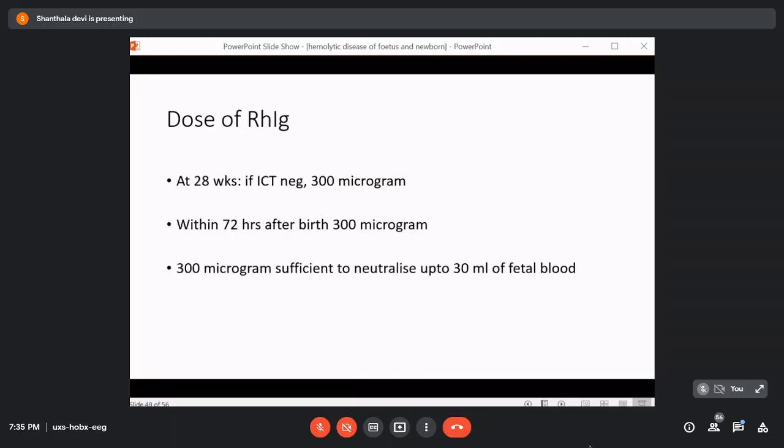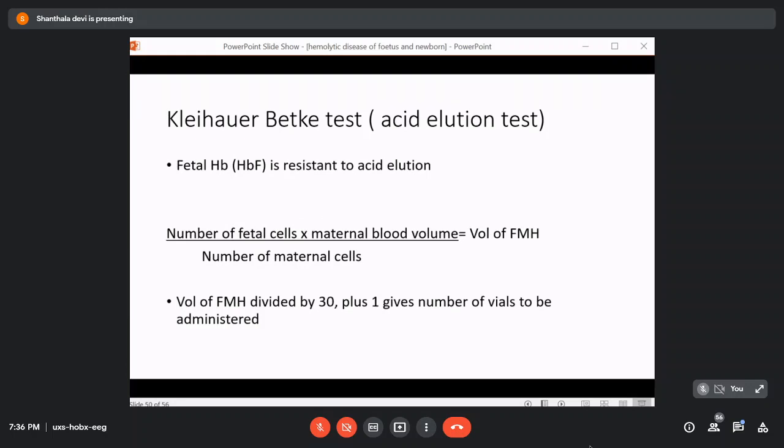So the dose of Rh immunoglobulin to be given is around 300 micrograms. It is enough to neutralize up to 30 ml of fetal blood loss. How do we do this acid elution test? The acid elution test depends on the principle that the fetal hemoglobin in the neonate or the fetal cells is resistant to acid elution.